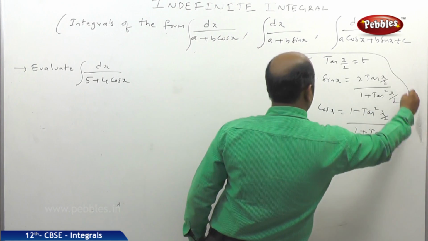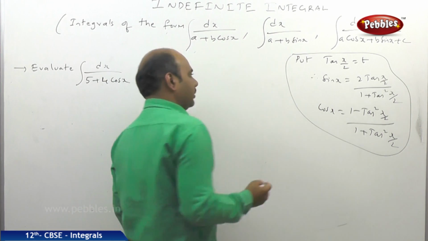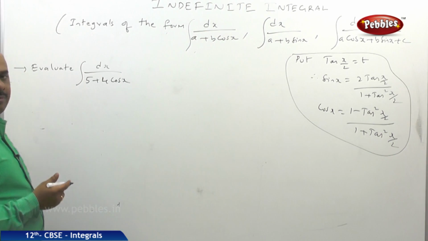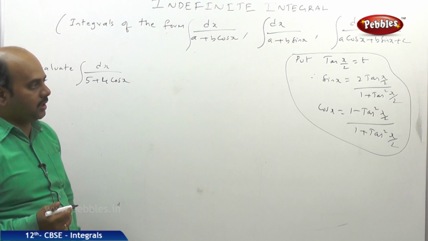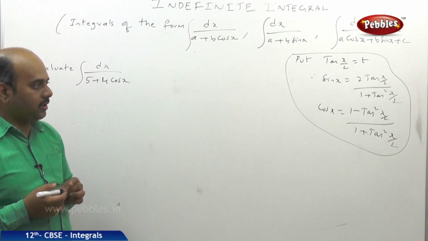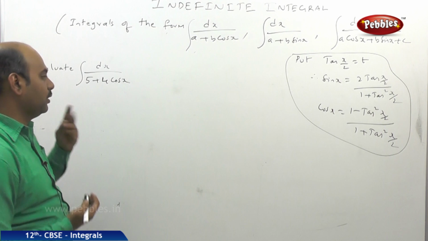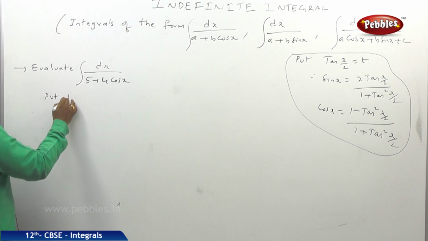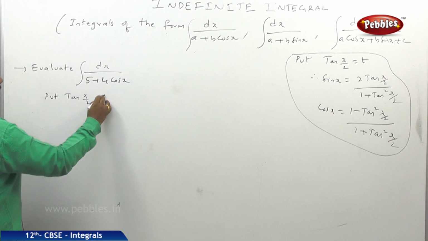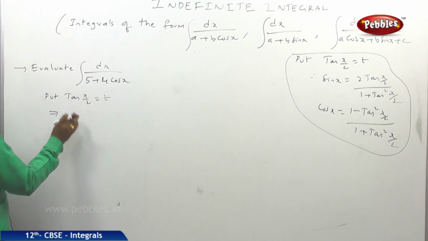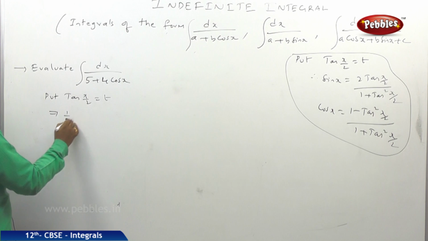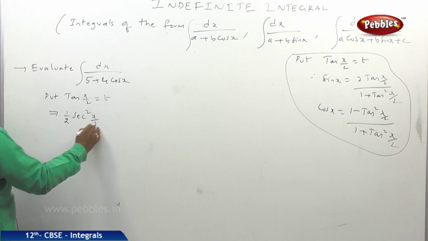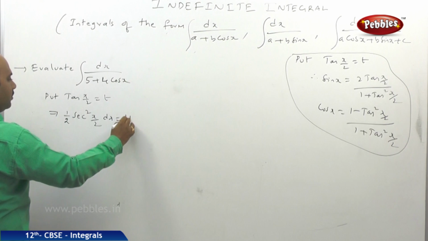So whenever this kind of problem comes, put tan x by 2 is equal to t, and sin x can be written as 2 tan x by 2 by 1 plus tan square x by 2. Cos x can be written as 1 minus tan square x by 2 by 1 plus tan square x by 2. So here, same thing, I am going to put tan x by 2 is equal to t. When tan x by 2 is equal to t, we need to find its derivative. Its derivative will be 1 by 2 secant square x by 2 dx is equal to dt.